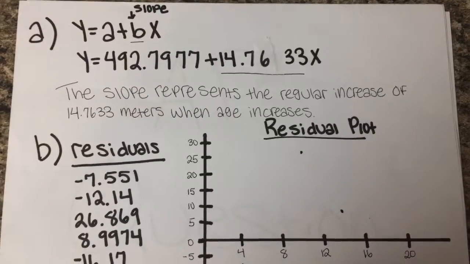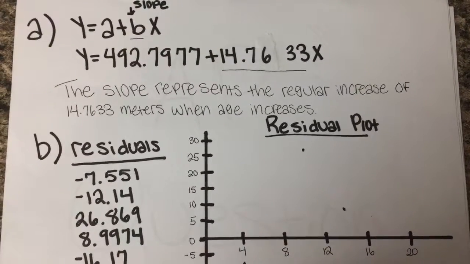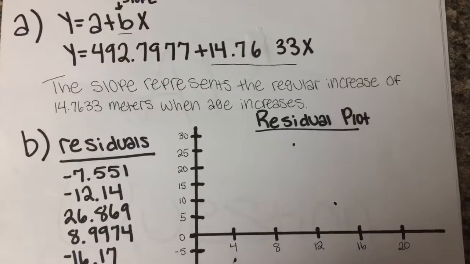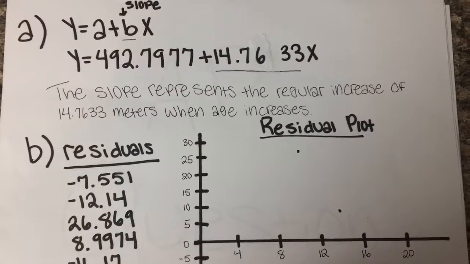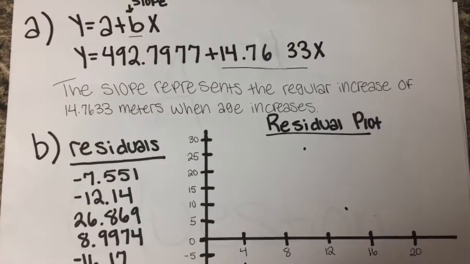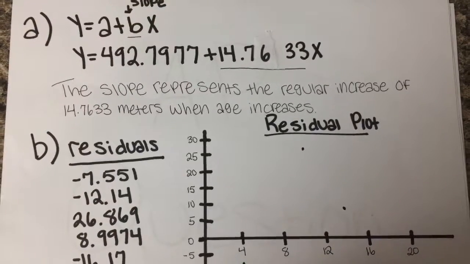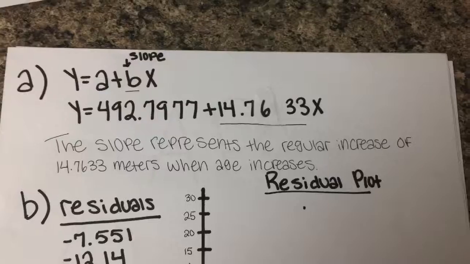And the slope in this problem represents the regular increase of about 15 meters when the age increases. Meaning that, in general, when a boy's age goes up, the walk distance also goes up by about 15 meters.